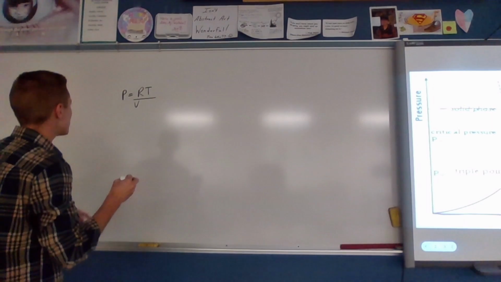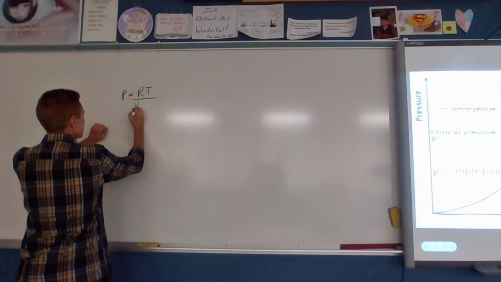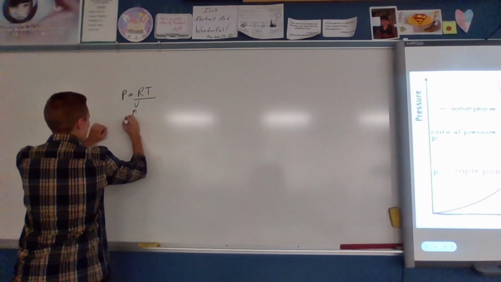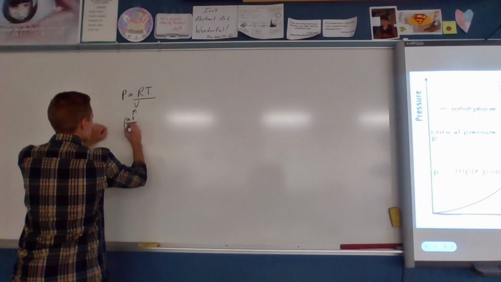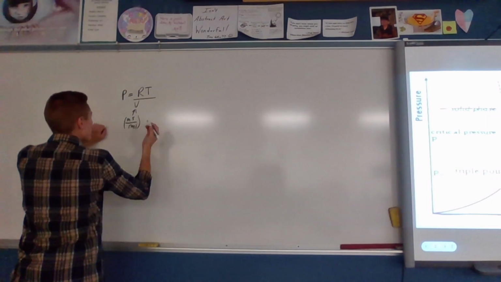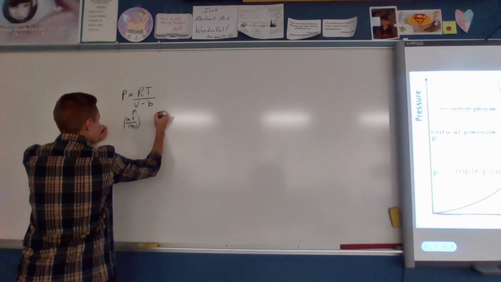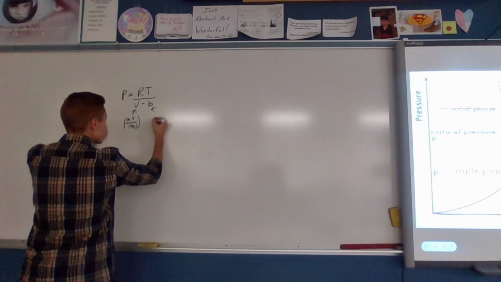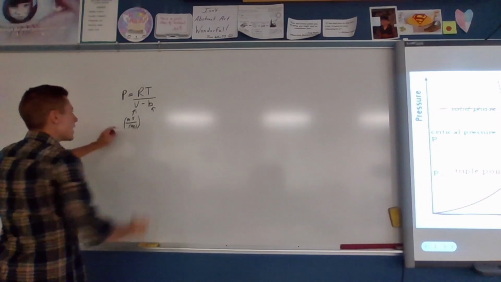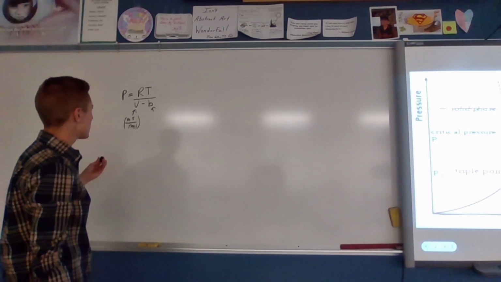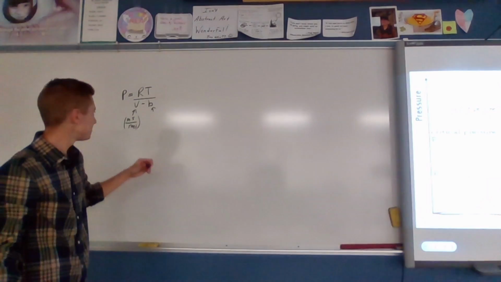So let's say we want to subtract from the specific volume here, which is in cubic meters per mole, the B parameter, which is in the same units, and it is the volume of the particles inside.